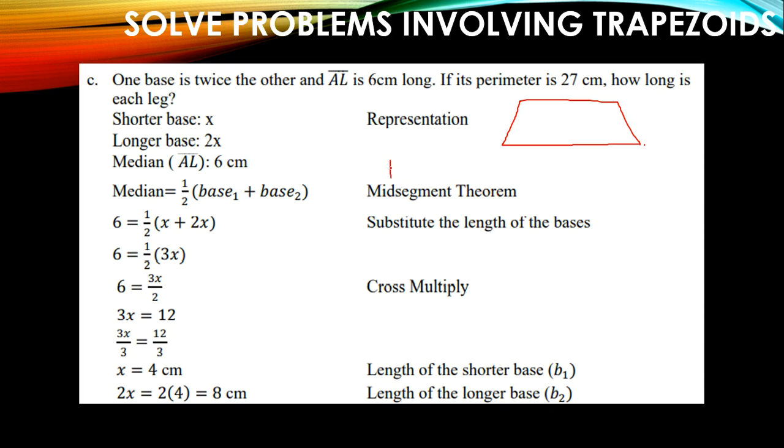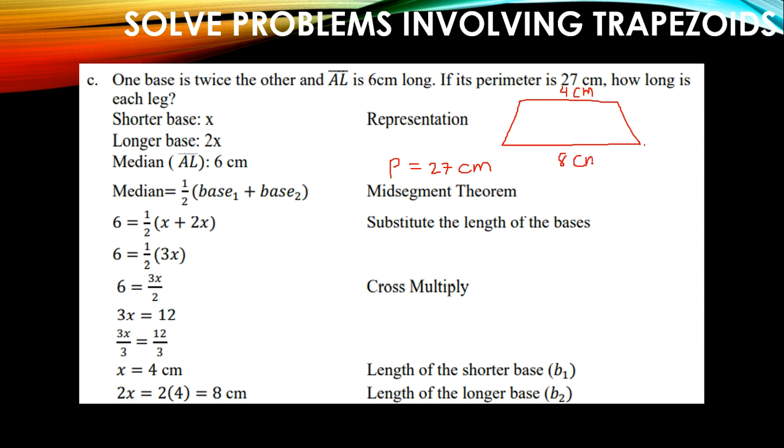So P equals 27 centimeters. Then we have the shorter base, which is 4 centimeters, and the lower or longer base, which is 8 centimeters.